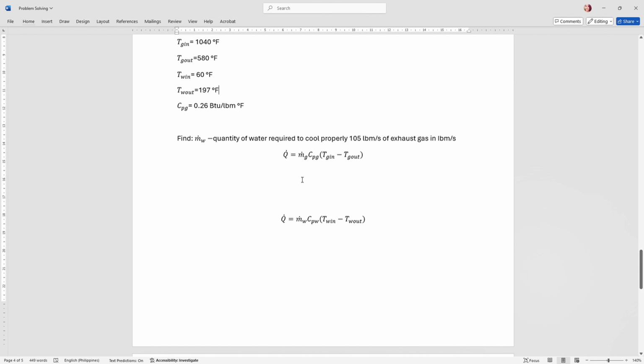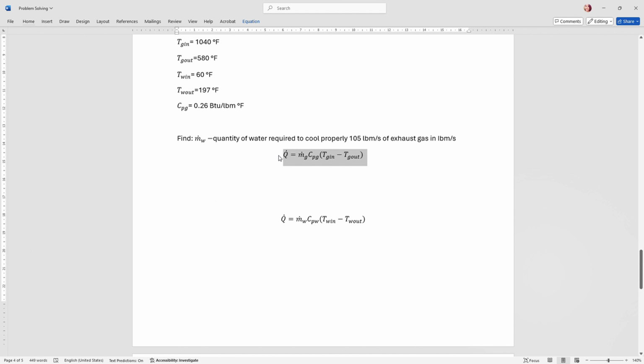So, para malaman natin yung mass ng water, kailangan muna natin makuha yung mass ng gas. Kailangan din natin makuha yung heat exchange in terms of mass ng gas. So, ito yung formula.